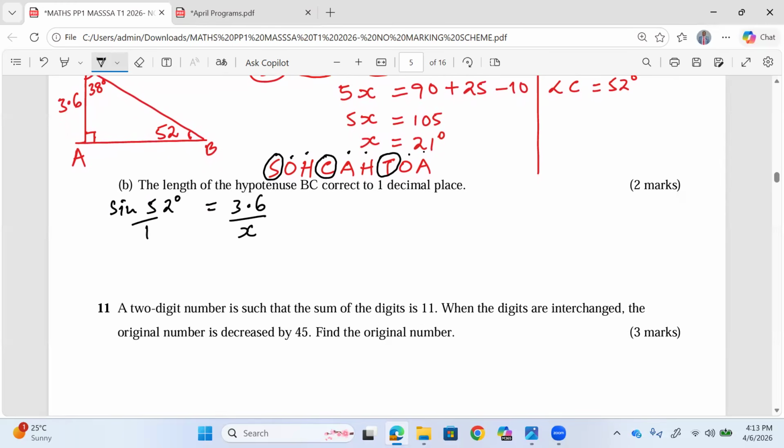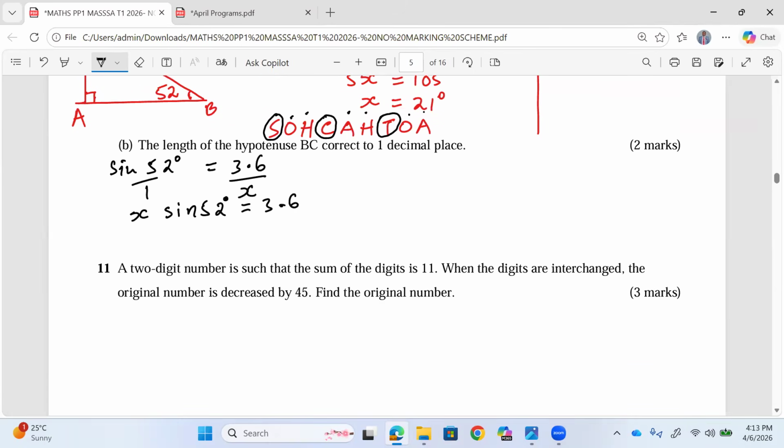If we cross multiply, you discover that x times the sine of 52 should give us 3.6 times 1, which is just 3.6. To remain with x, we need 3.6 divided by the sine of 52 degrees.